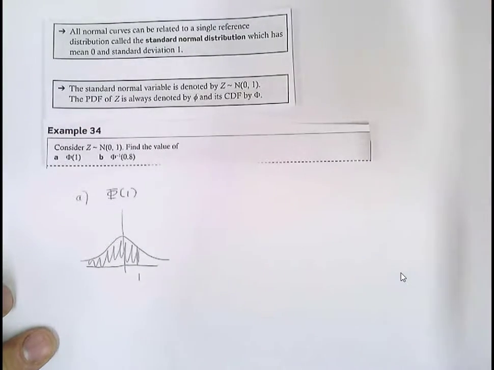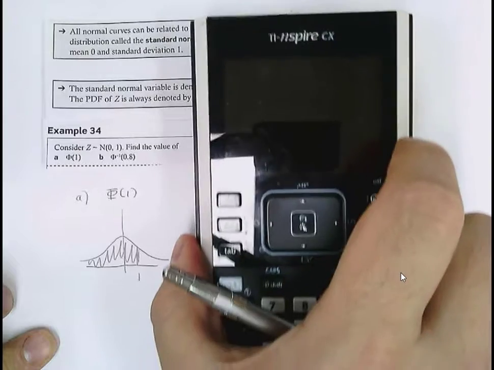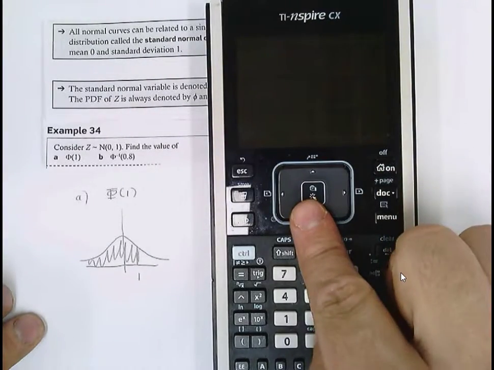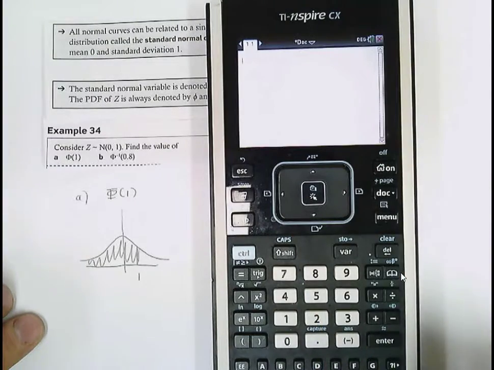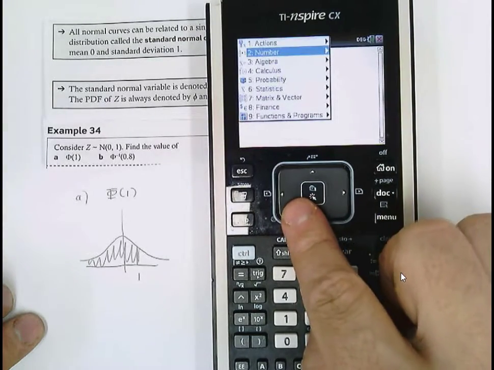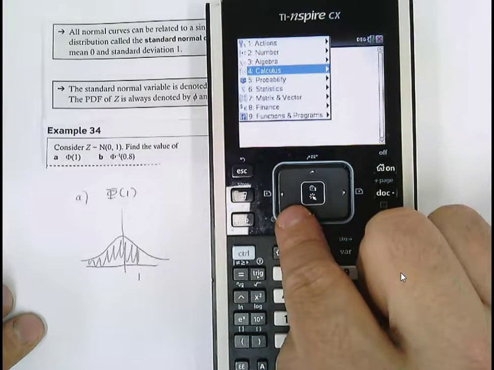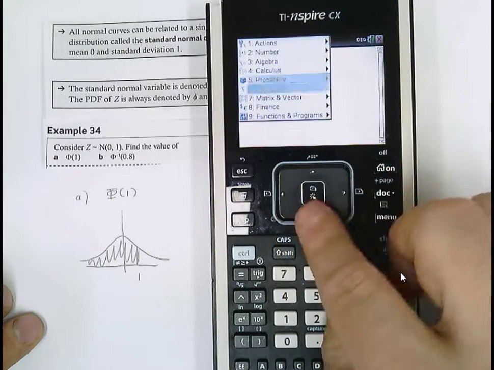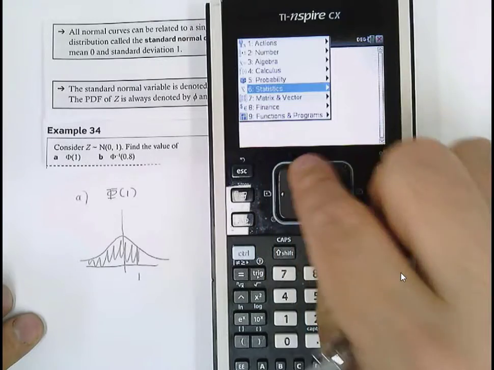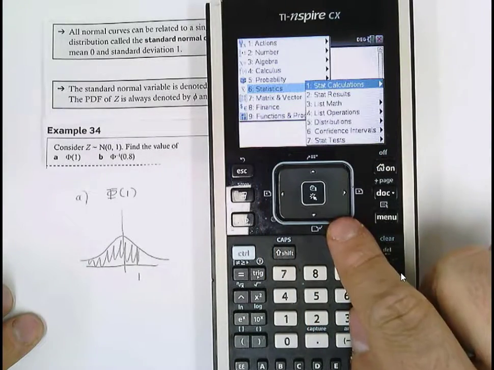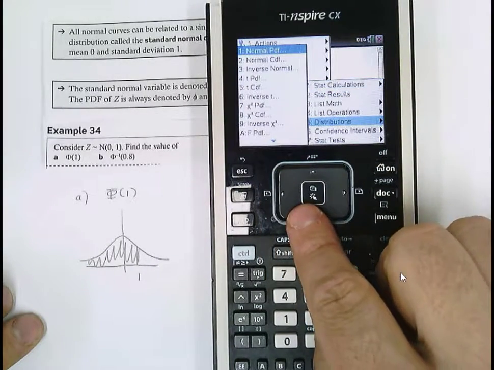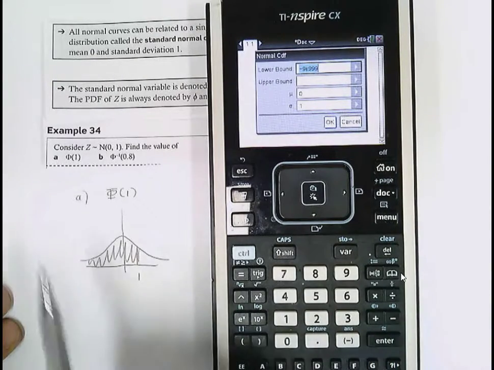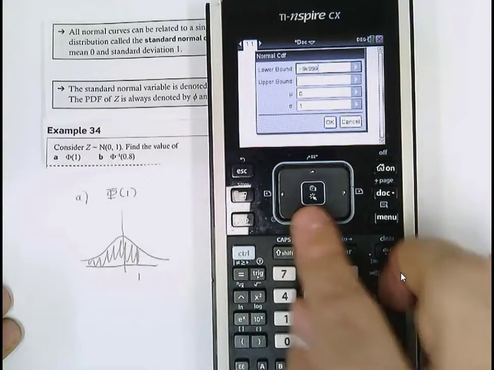So I can use my calculator to calculate that real quick. I go to menu, then statistics, distributions, 5, and the normal CDF, and it's going from negative infinity all the way to 1.